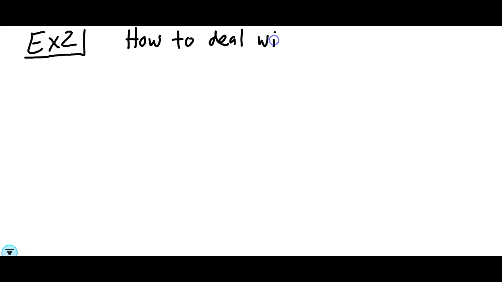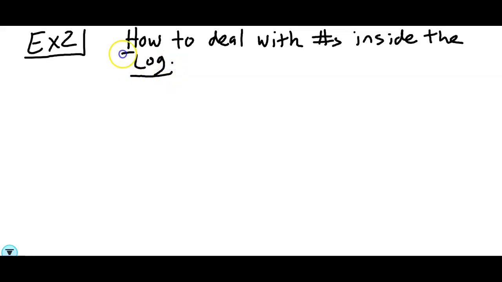You got something? No. All right. So let's look at another type of problem. How to deal with numbers inside the log. So we've learned how to deal with numbers outside the log.